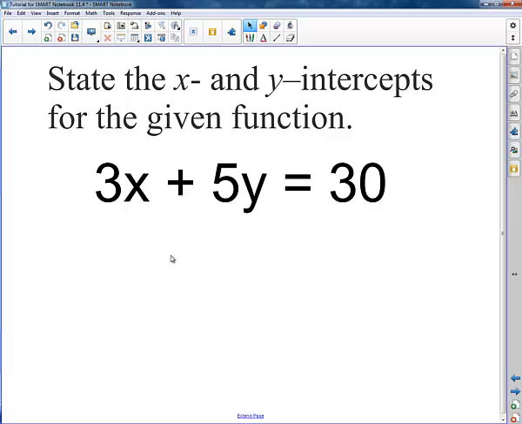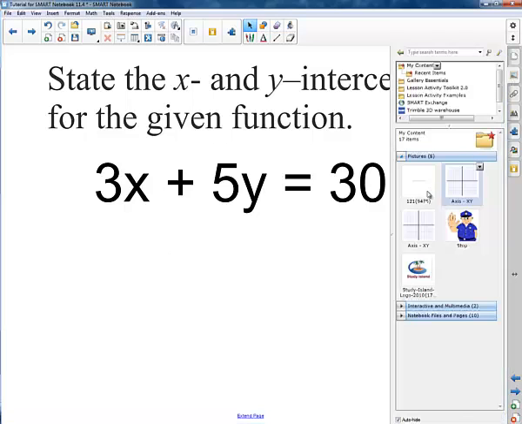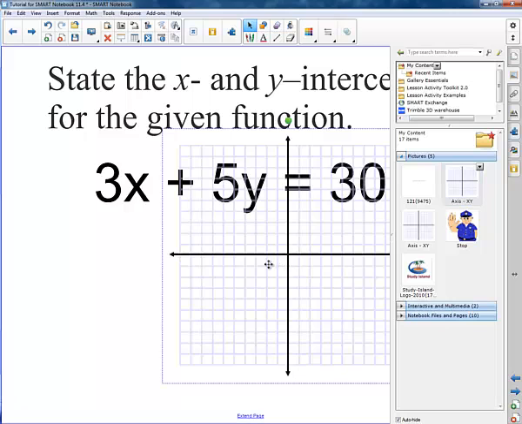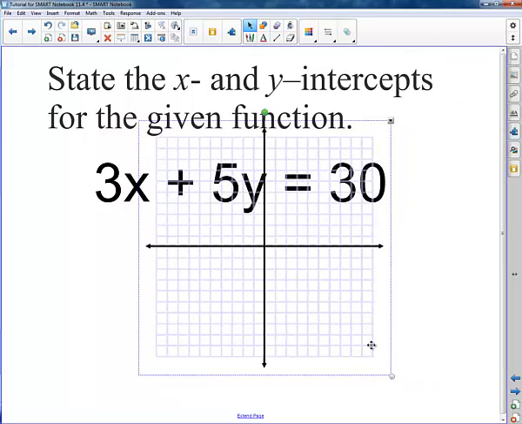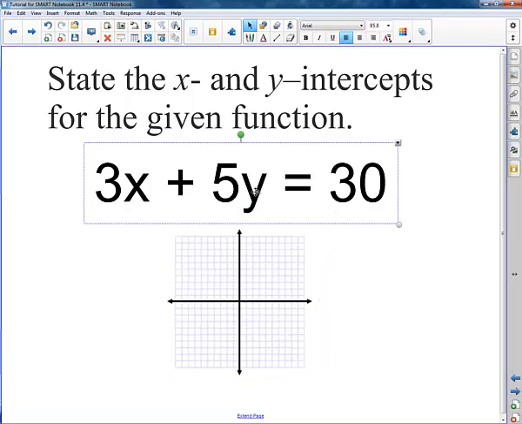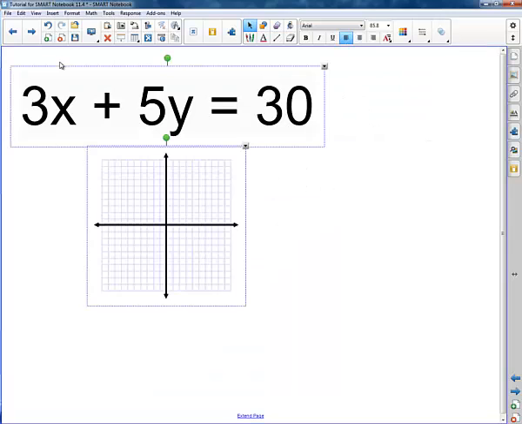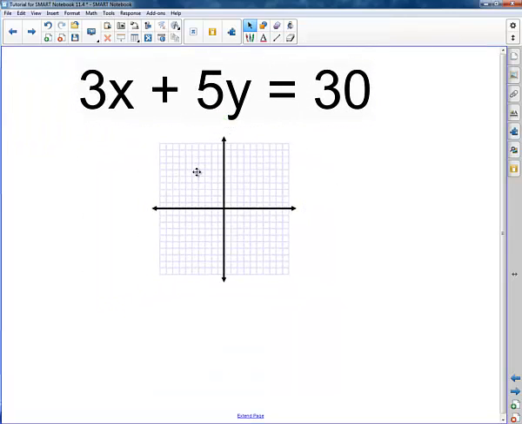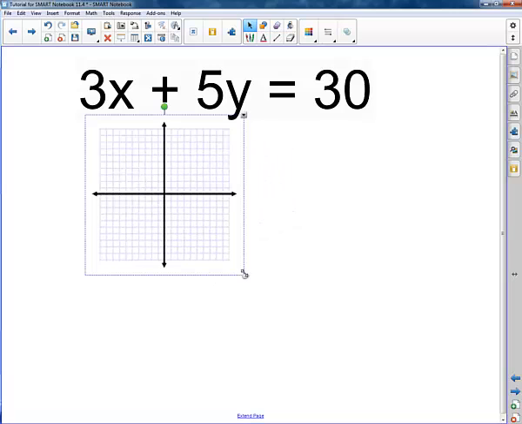You guys should be almost done writing this down. If you notice what I'm doing here, if you're done, I'm just starting a new page with the equation and then with the graph.